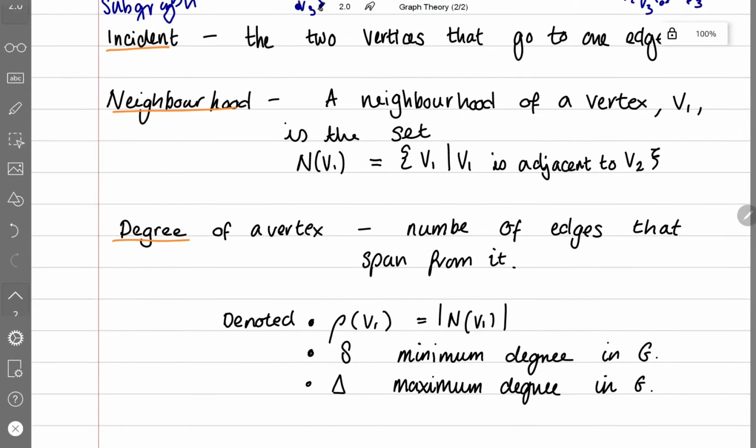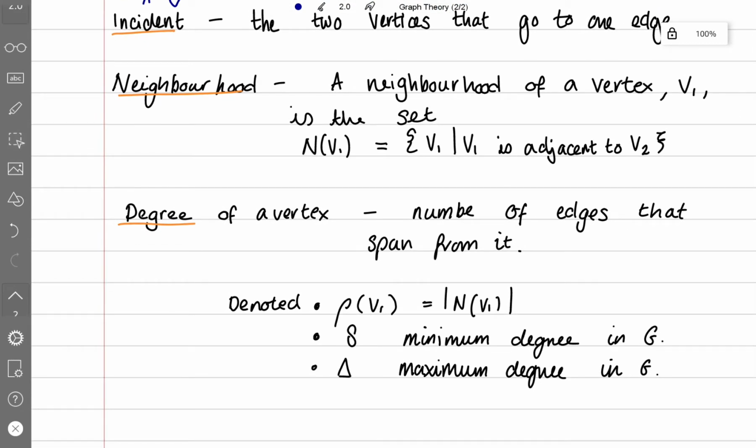So now we'll move on to incidences, neighborhoods and degrees. An incidence has two vertices that go into one edge. This we've seen before in the previous video. So if we take an edge E equal to a subset of V1, V2, then these two are incident to each other because the edge would be that, and they'd be adjacent to each other.